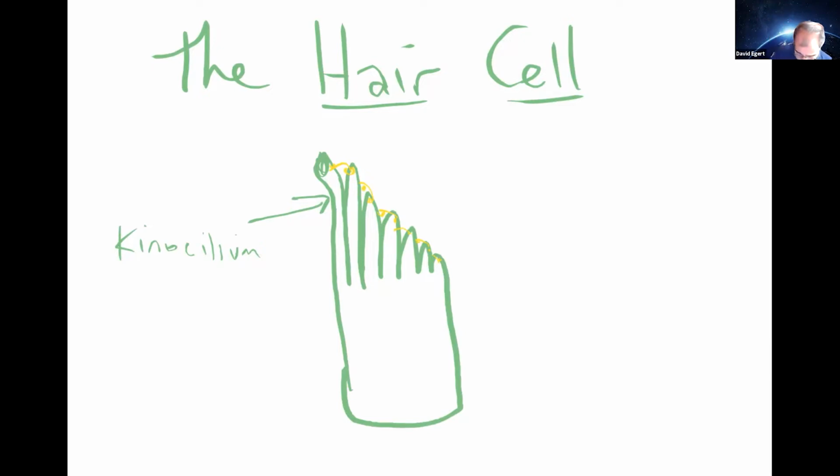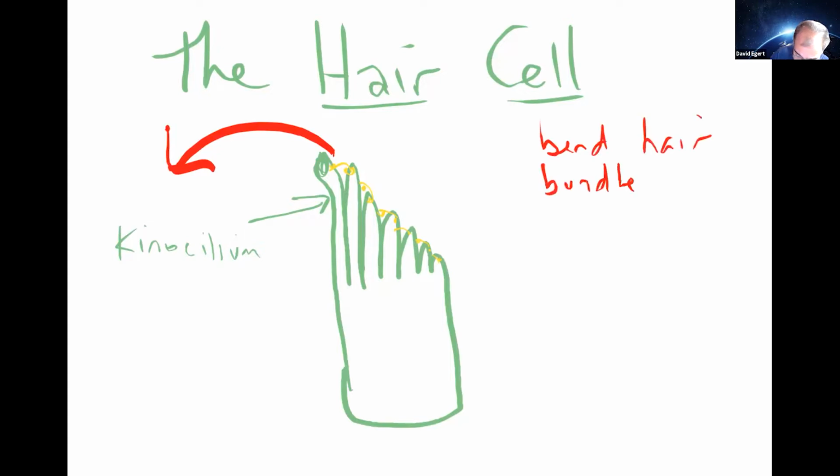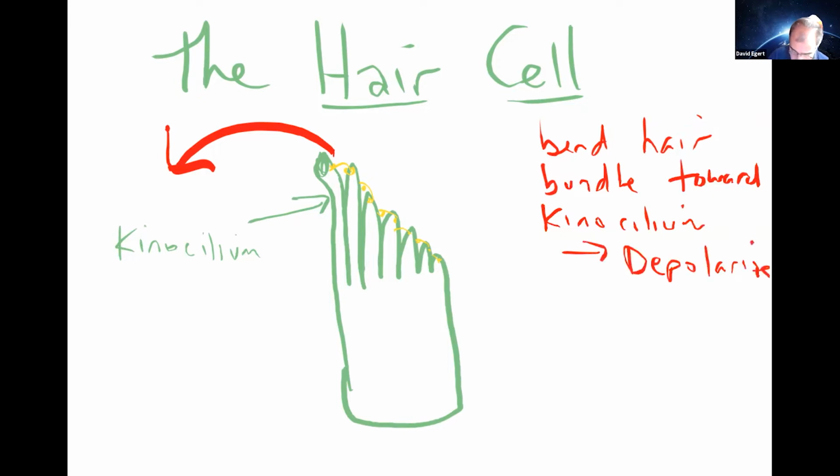And basically what happens, if you bend the hair bundle towards the kinocilium, it will depolarize the hair cell. And if you bend it the other way, you hyperpolarize, it becomes more negative.